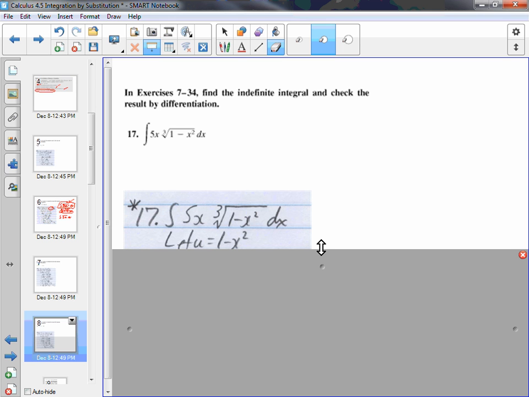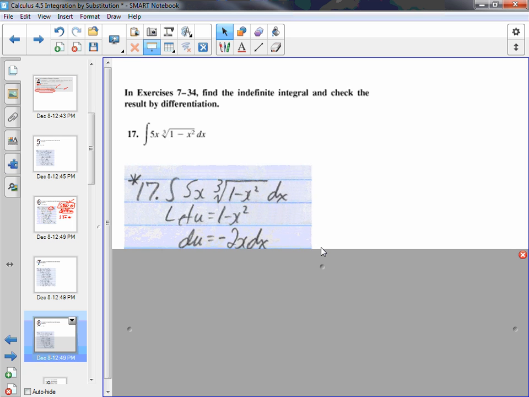And if u equals 1 minus x squared, what does du equal? Negative 2x dx. And I got to say, I'm just a little bit disappointed. I wanted du to equal 5x dx, didn't I? All right, so let's pause for a moment. We're going to handle it, but let's pause.